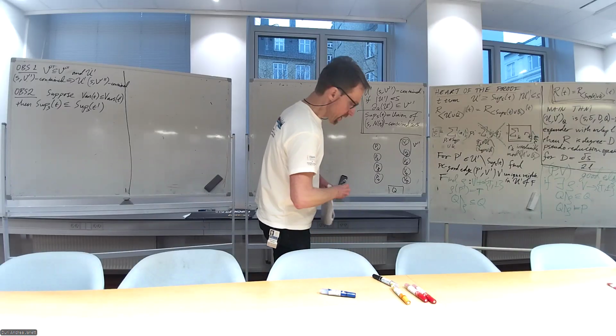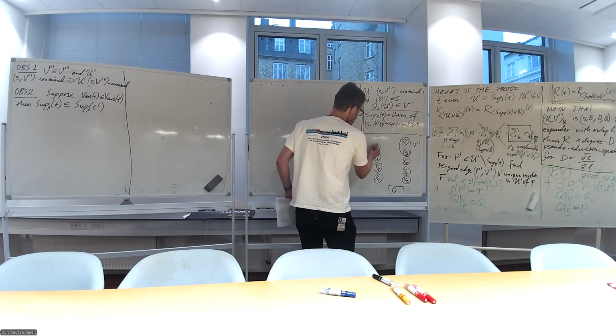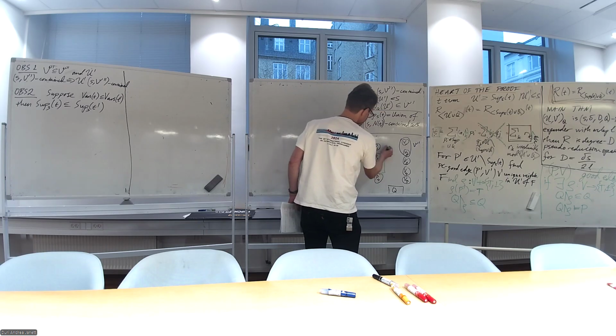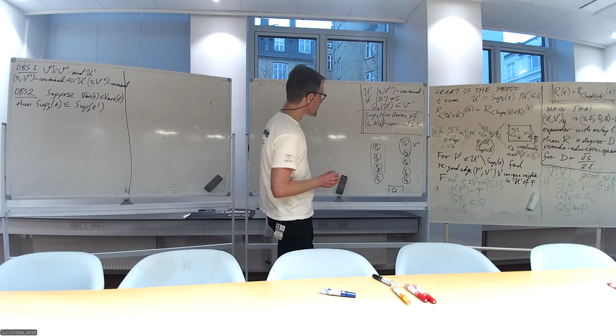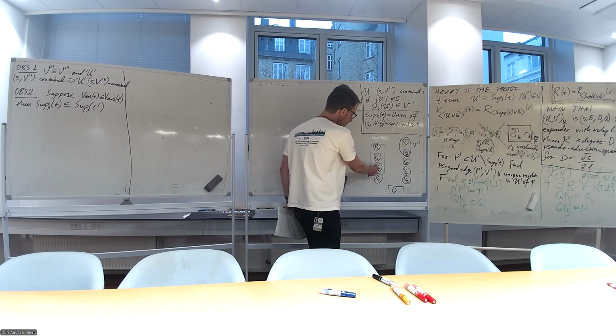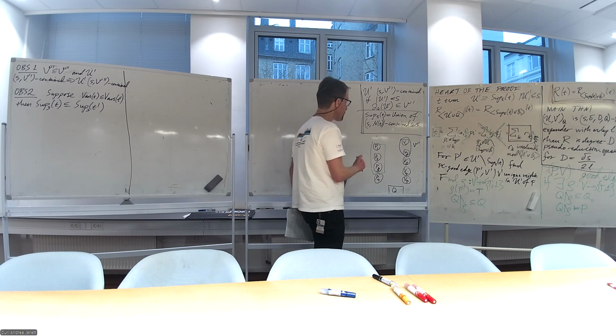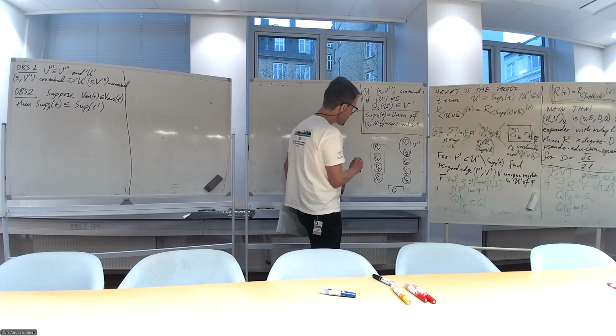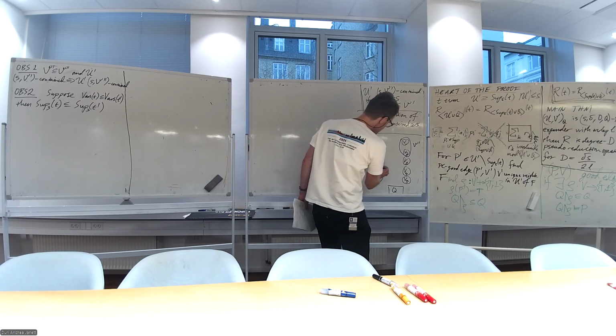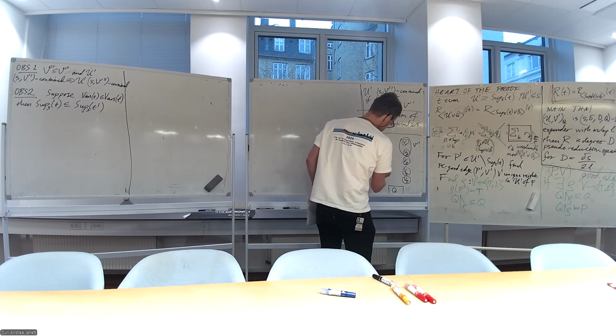Then we will say that this set is SV prime contained if, firstly, the number of vertices here is less than or equal to S. That's the first condition. The second condition is, look at all the edges here.